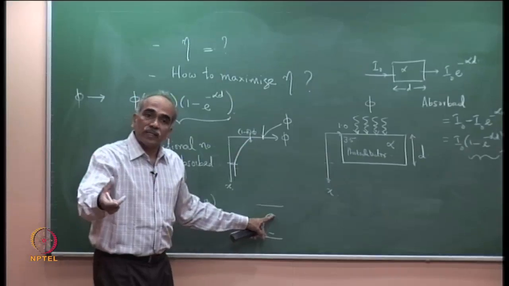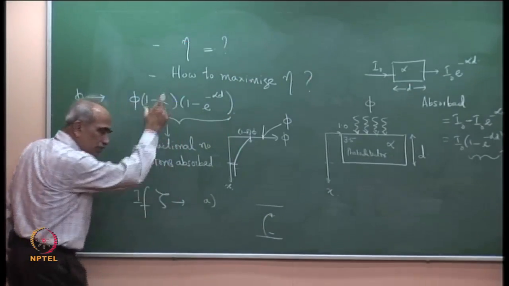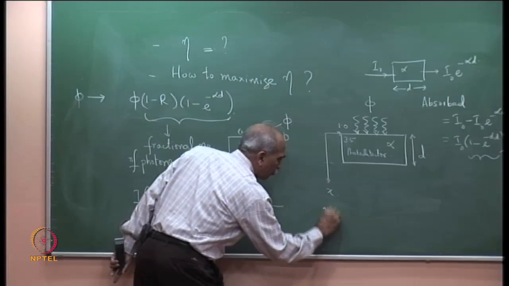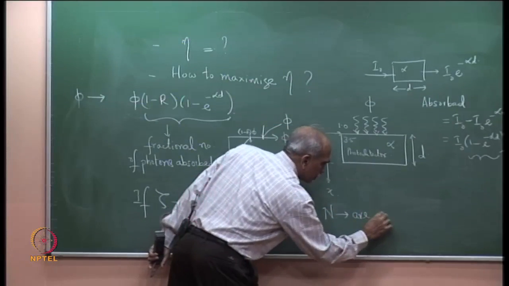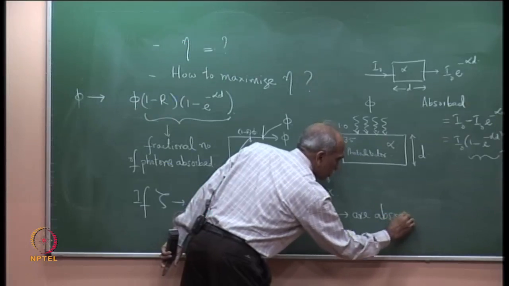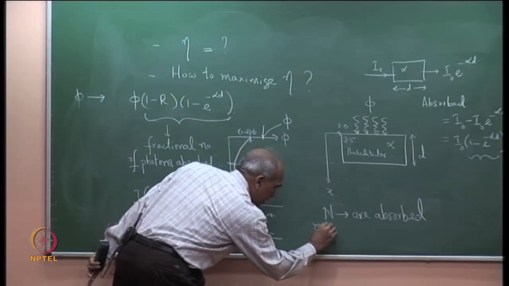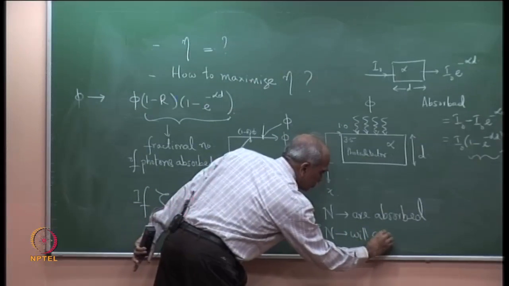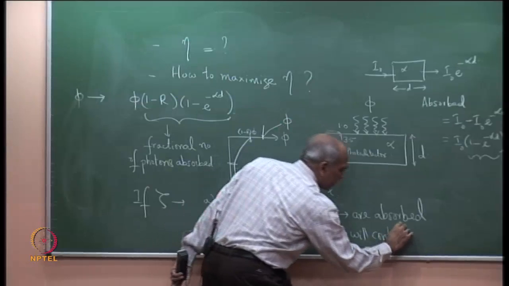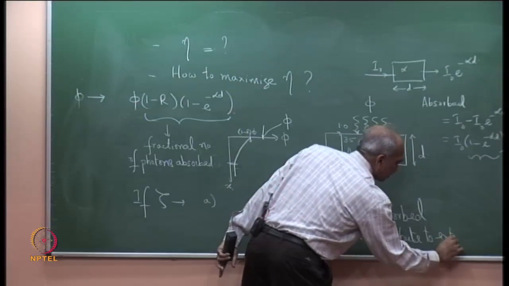So, if n number of photons are absorbed, only a fraction zeta times n will contribute to the external current.